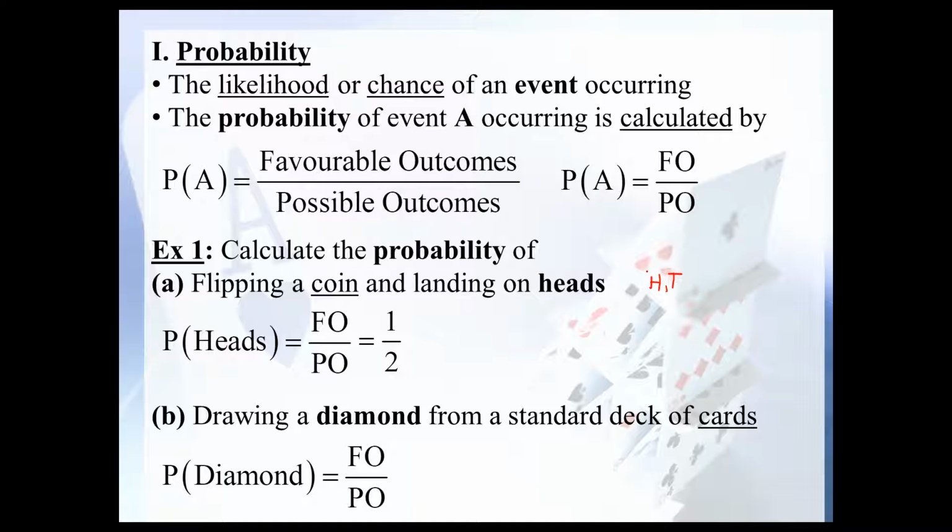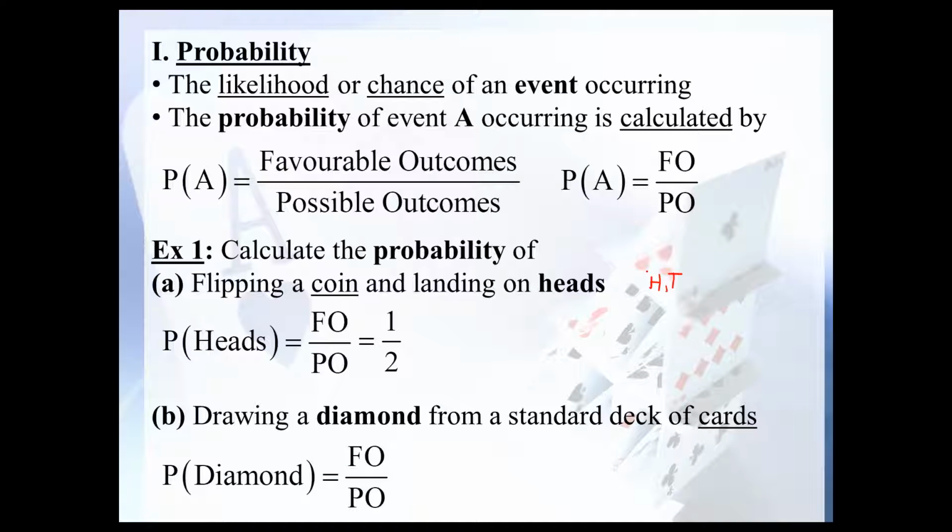Okay, so we can write down our equation. The probability of drawing a diamond from a standard deck of cards is equal to favorable outcomes over possible outcomes. In a standard deck of cards, if you remove the jokers, there are 52 possible outcomes. In a deck of cards, you have suits, and there's 4 of them.